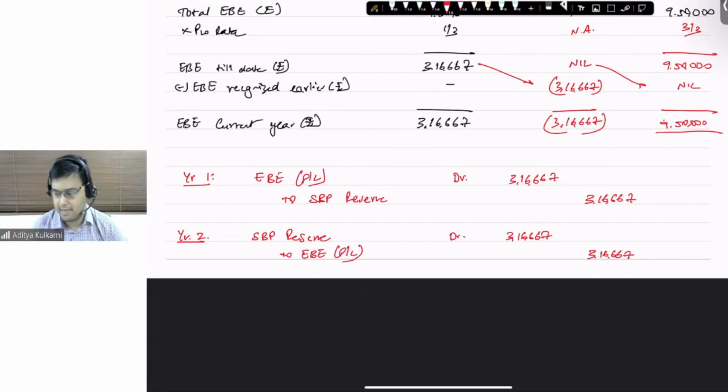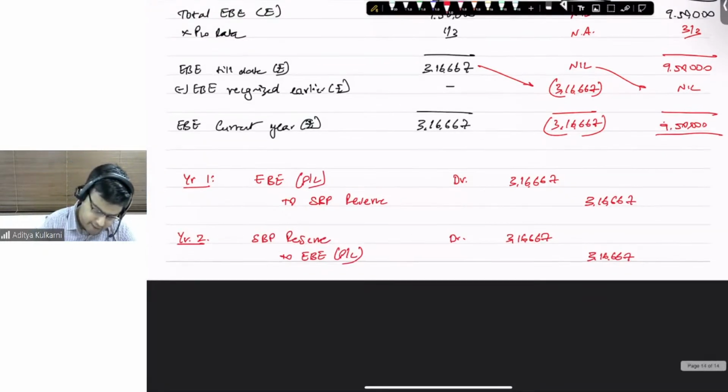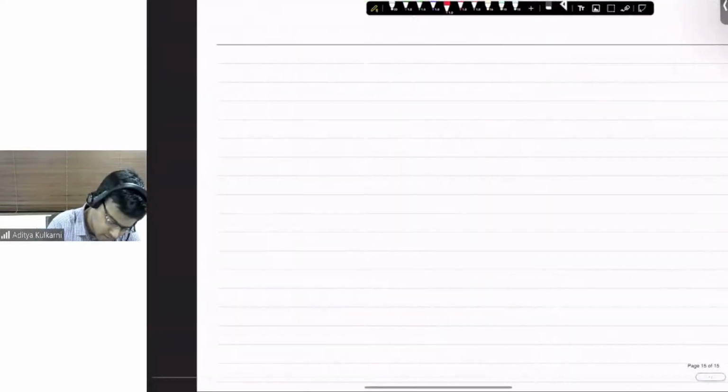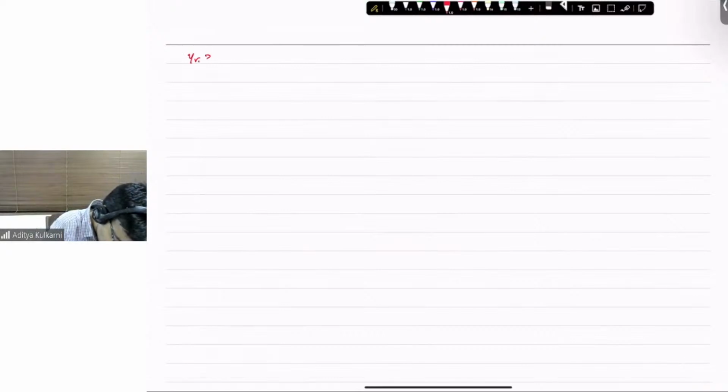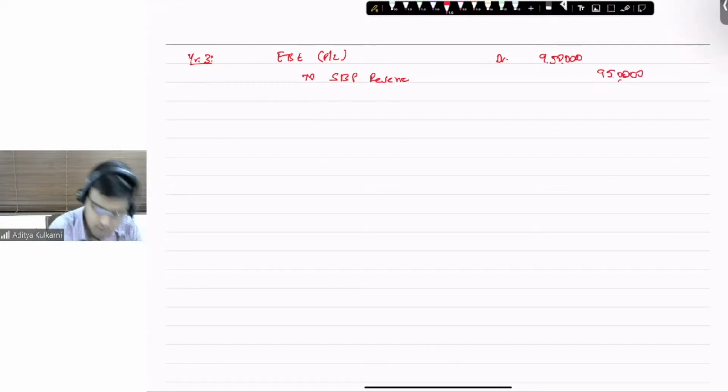And finally, in year 3, EBE debit to SBP reserve 9,50,000. Okay, so this is what will be the entry.